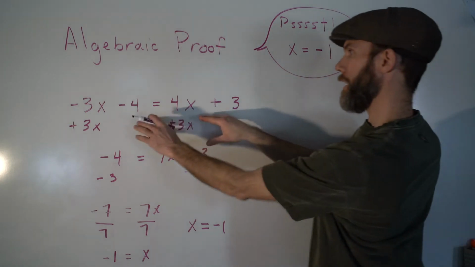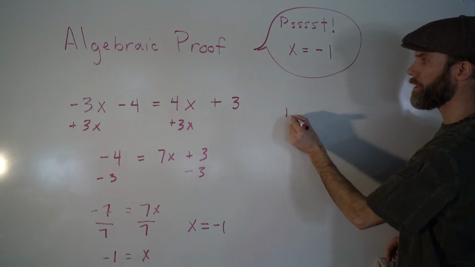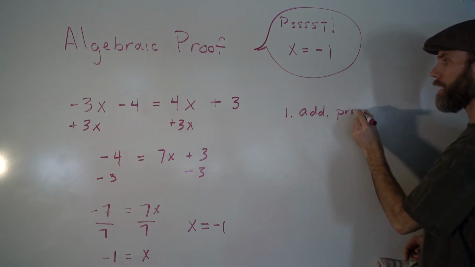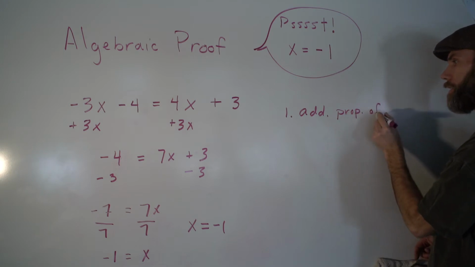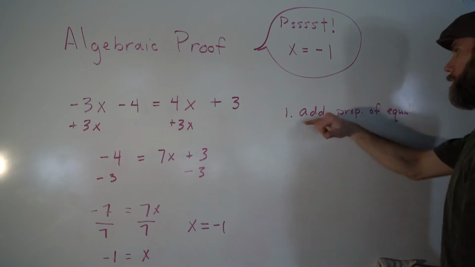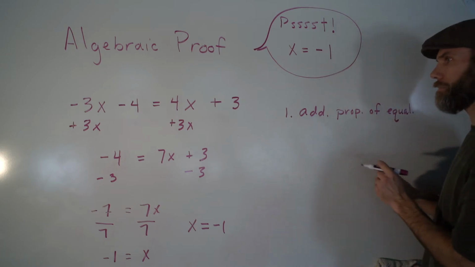So what did I do there? That first step was called addition property of equality. This is a pretty accepted abbreviation of that. Okay, so nice to use a little shorthand sometimes.